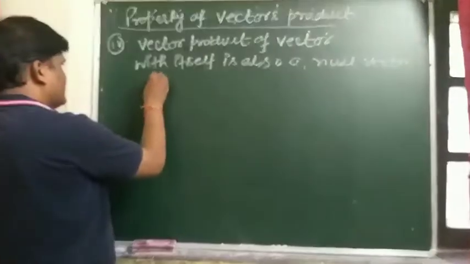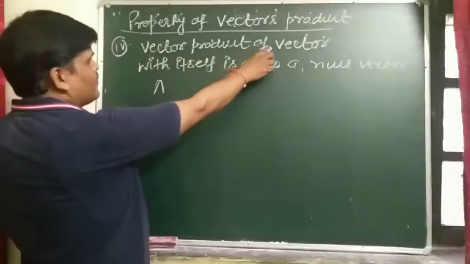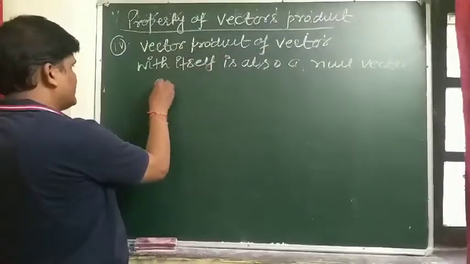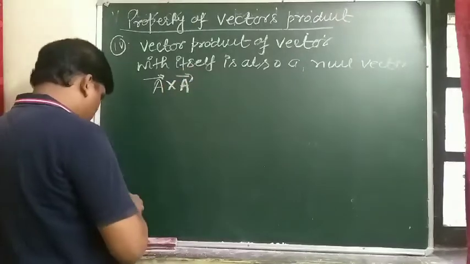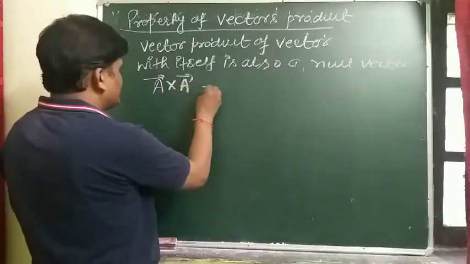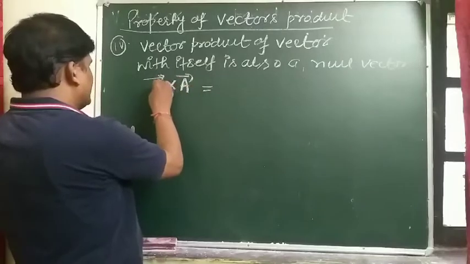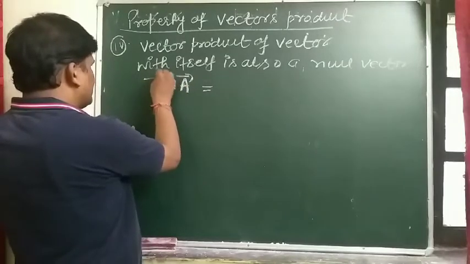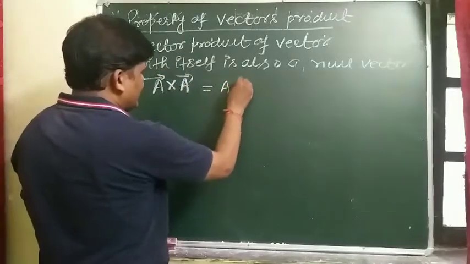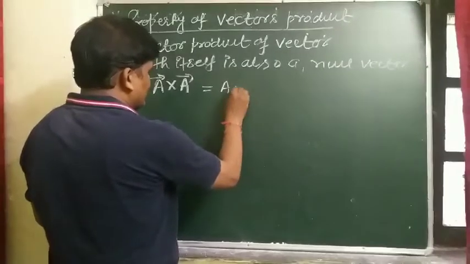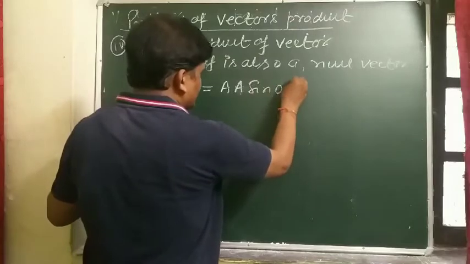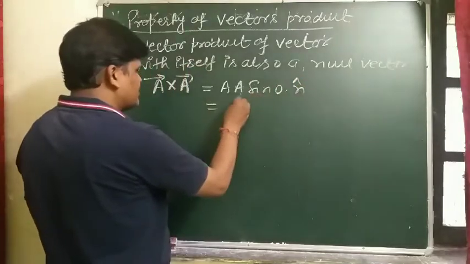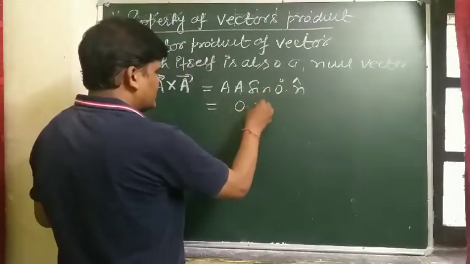Vector product of a vector with itself means vector A cross vector A. The angle between them is 0. So A cross A is written as A sin 0 times unit vector n, and sin 0 is 0.